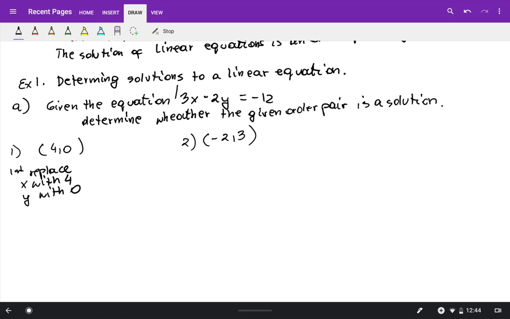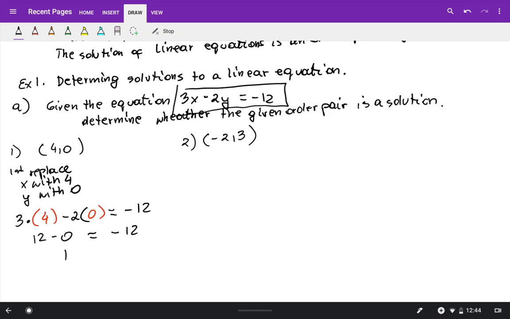So we have 3 times 4 minus 2 times 0, and we're going to check if that gives you negative 12. So we end up with 12 minus 0. It's supposed to be equal to negative 12. We end up with 12 equals negative 12.